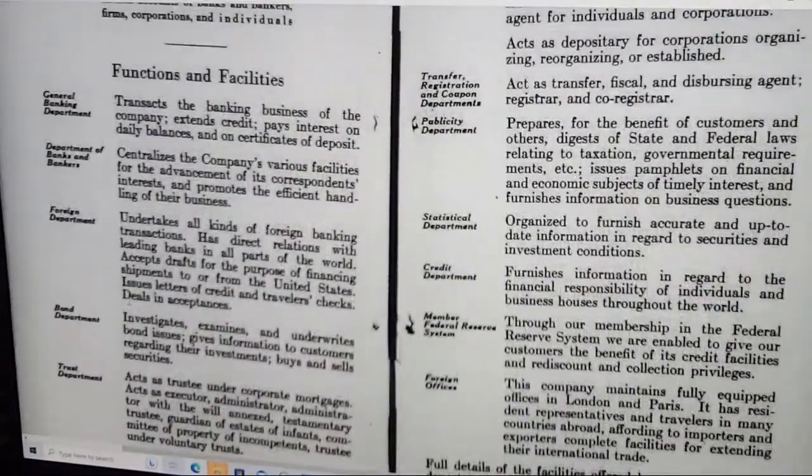Transfer, registration, and coupon department acts as transfer, fiscal, and disbursing agent, registrar, and co-registrar.